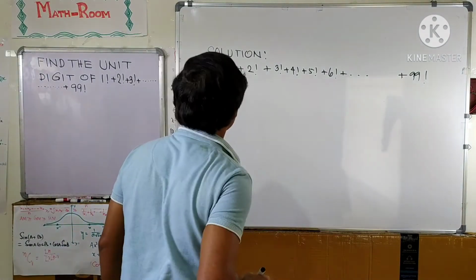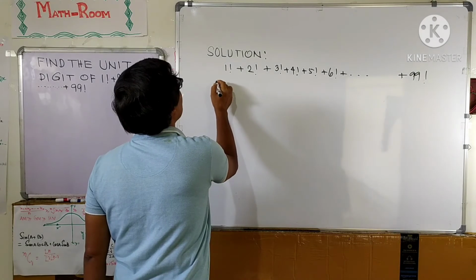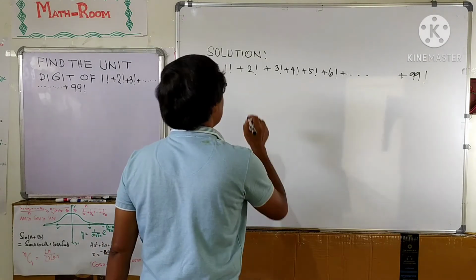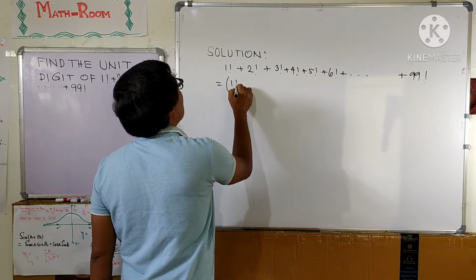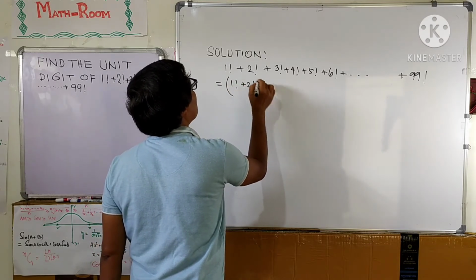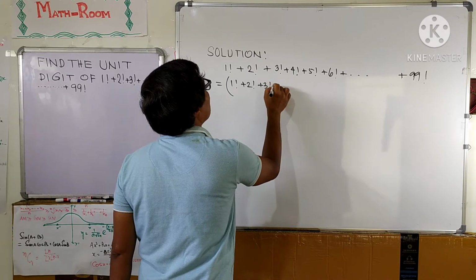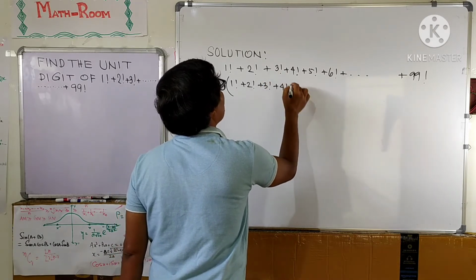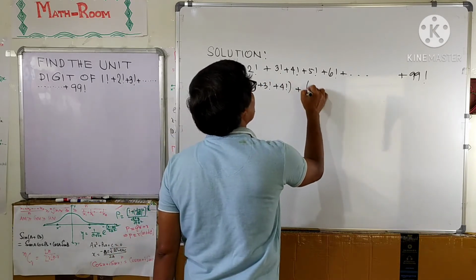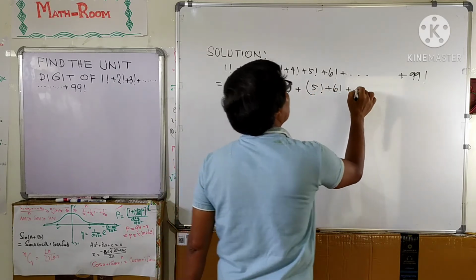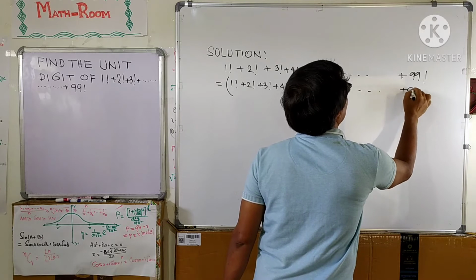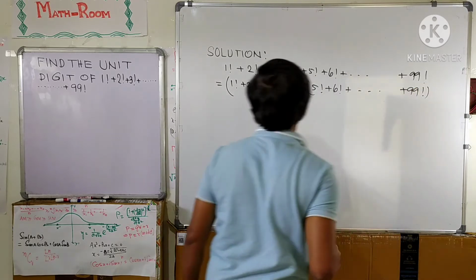Now, we divide this series into two parts. One part is 1 factorial plus 2 factorial plus 3 factorial plus 4 factorial, and the other part is 5 factorial plus 6 factorial up to 99 factorial.